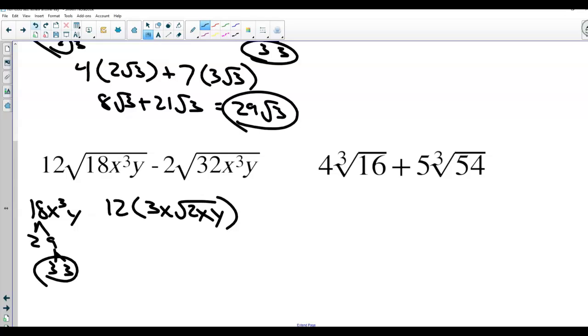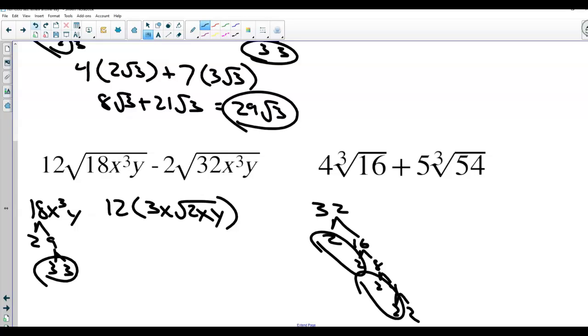Okay. Now for the 32, 2 and 16, 2 and 8, 2 and 4, 2 and 2. Pair of 2s, pair of 2s.